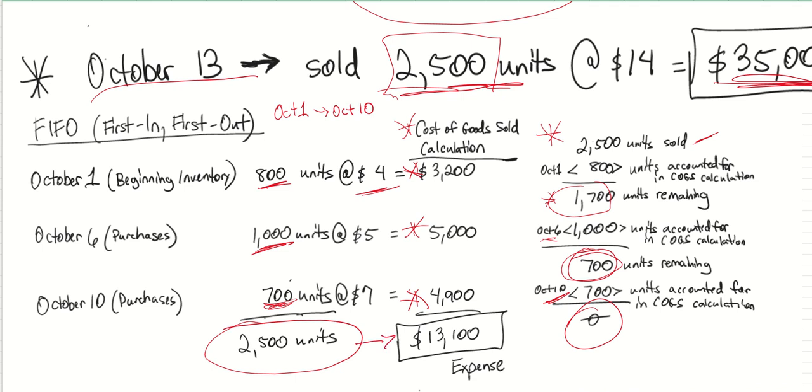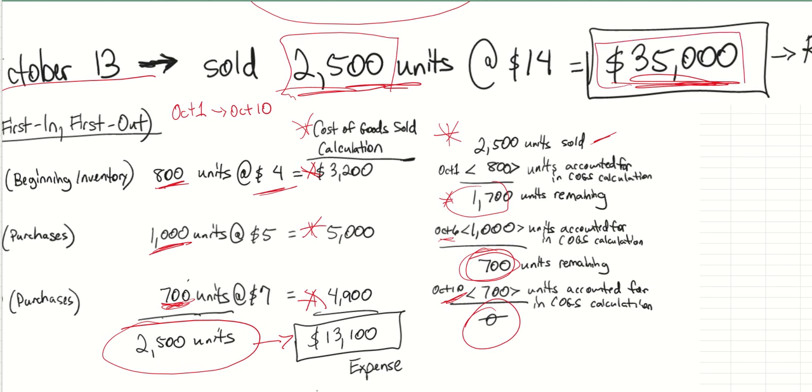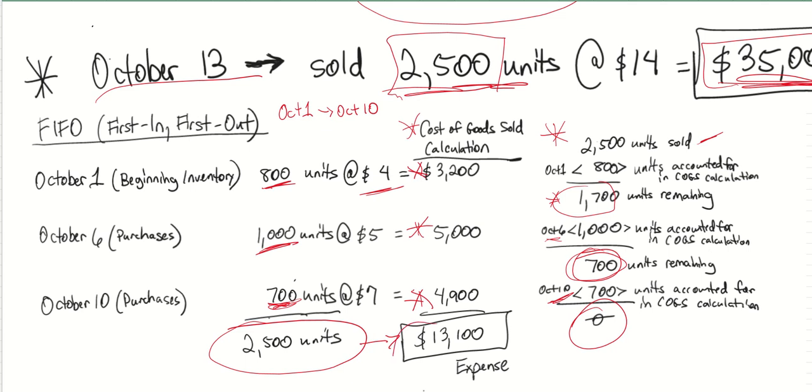So when using the FIFO method, the expense that's going to be recognized in the company's books for the revenue that was generated of $35,000 is going to be $13,100. And that's taking $3,200 from the October 1st batch of inventory plus $5,000 from the October 6th batch, plus $4,900, the October 10th batch. That gives us $13,100.